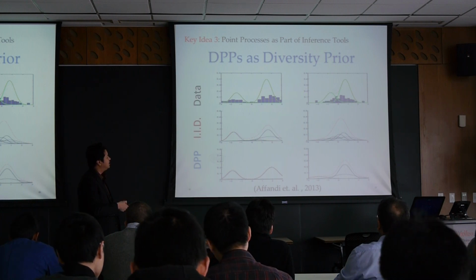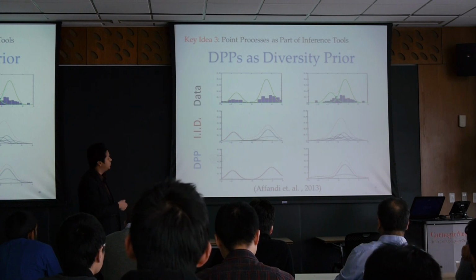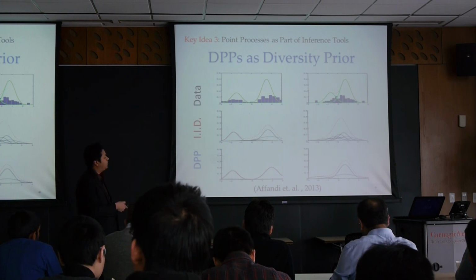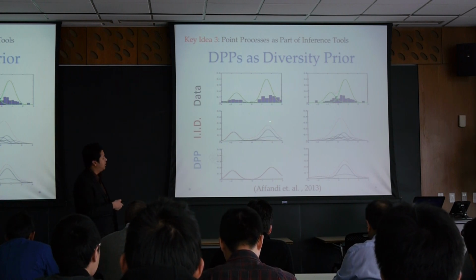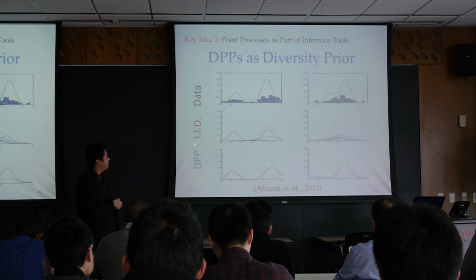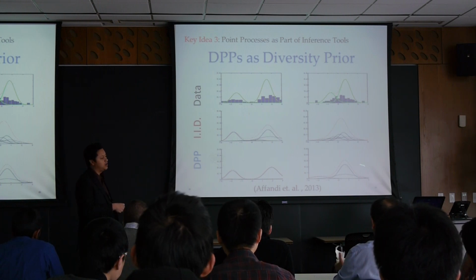If you just consider using an IID prior, like what people usually do, you're going to end up with a lot of overlapping clusters. So the whole idea is, can you use a repulsive point process like a DPP to get a more interpretable cluster?